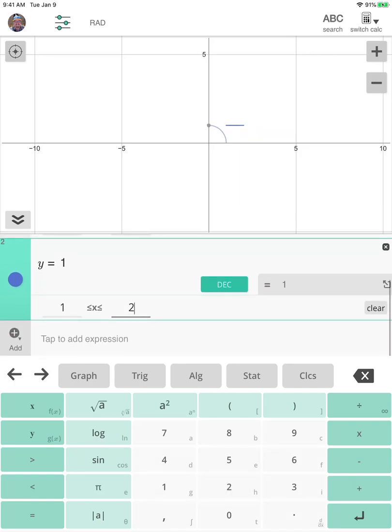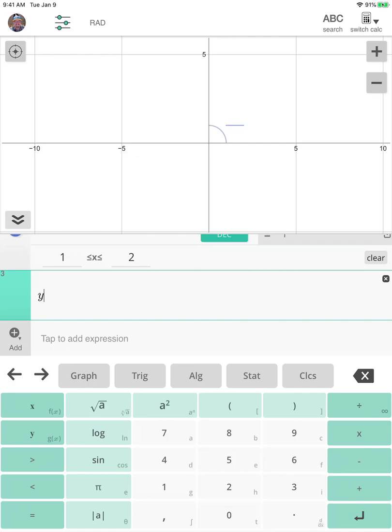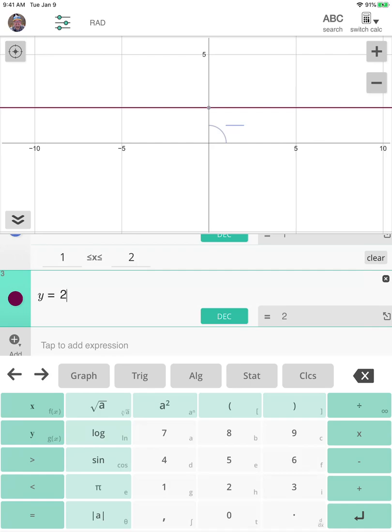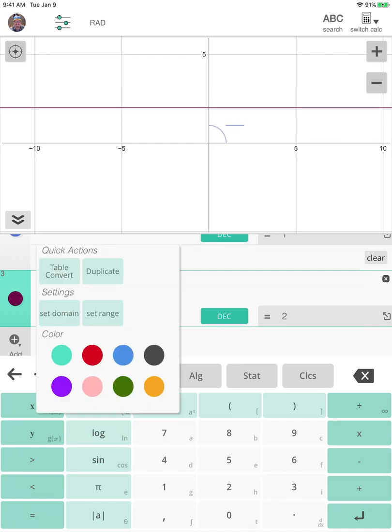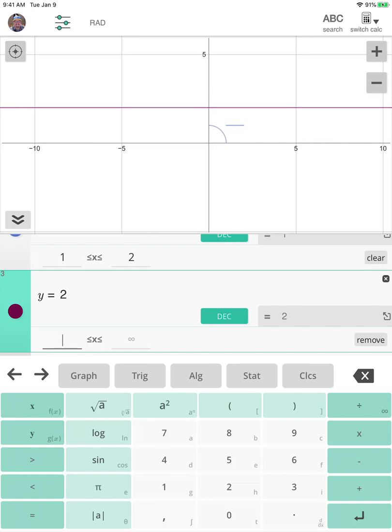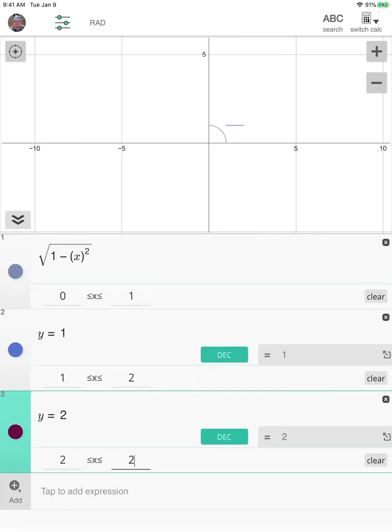And then the last one is y equals 2, and that only happened at 2. You can't actually see it here, but you'll notice that you only get the value 2 at 2. Okay, so that's what this graph looks like.